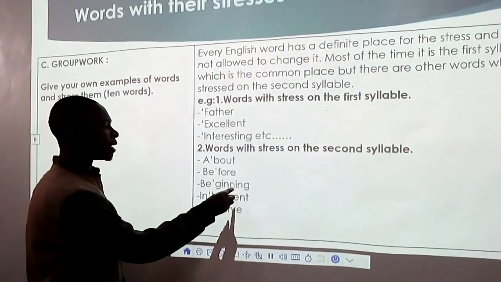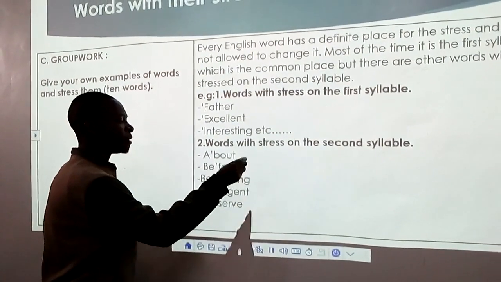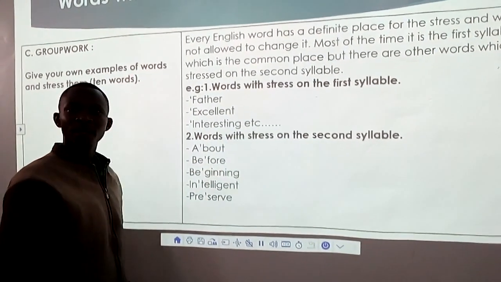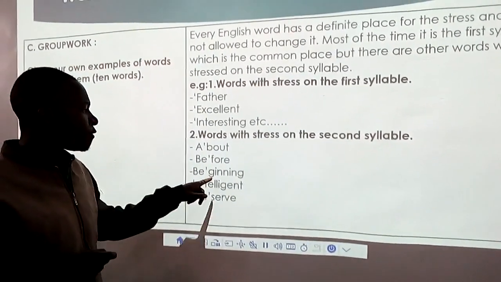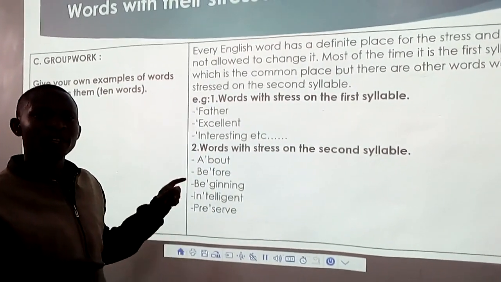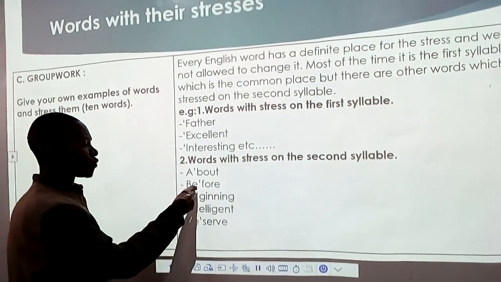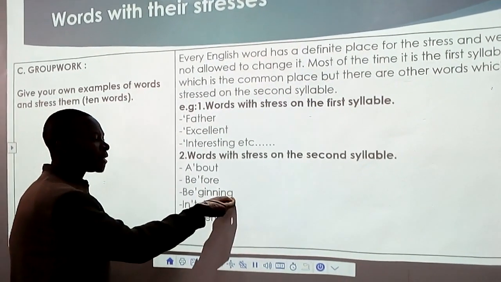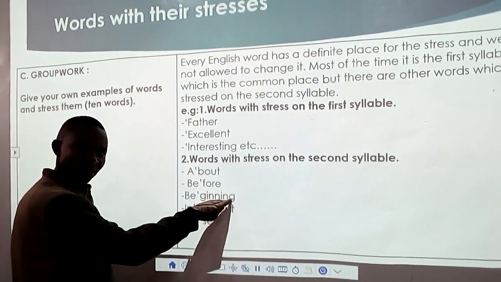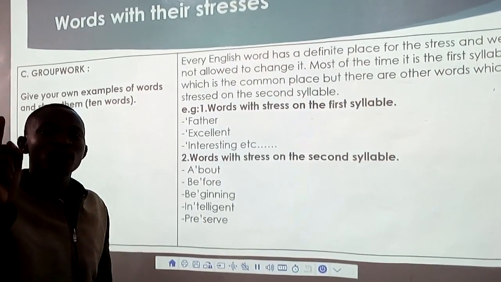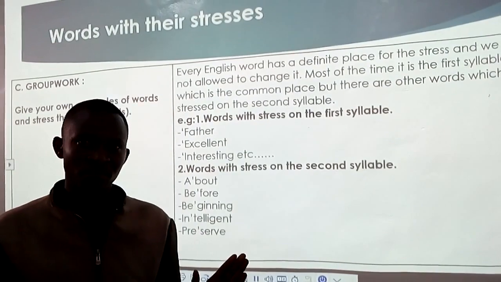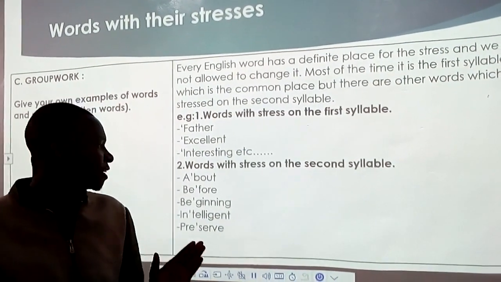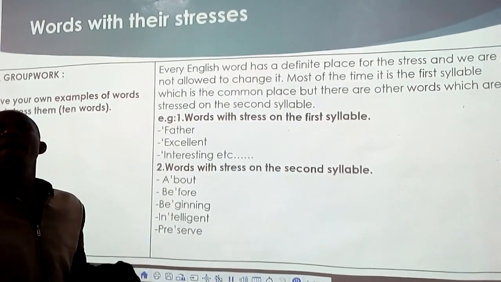And remember, this ing form does not cause any stress effect on the word. If the verb itself, a bare infinitive, is stressed like this, when you add ing, it cannot cause any stress effect. The stress remains where it is. You just leave it as it is. That's why we pronounce here beginning.